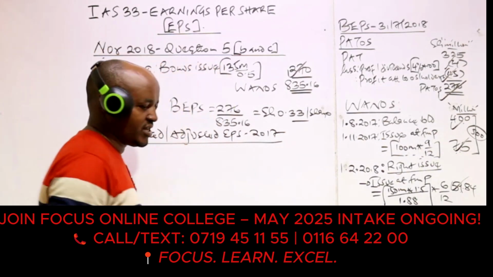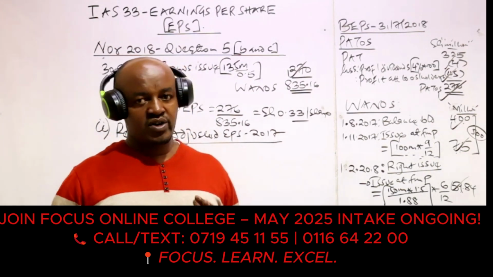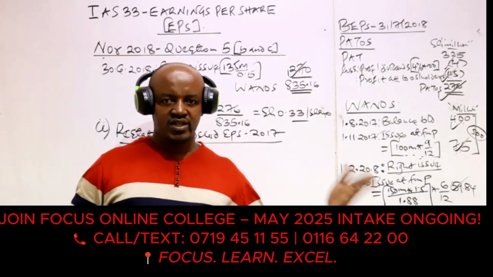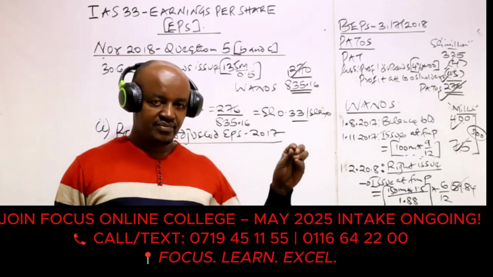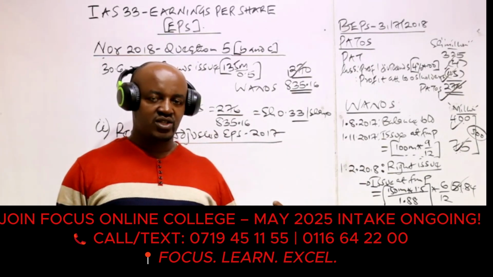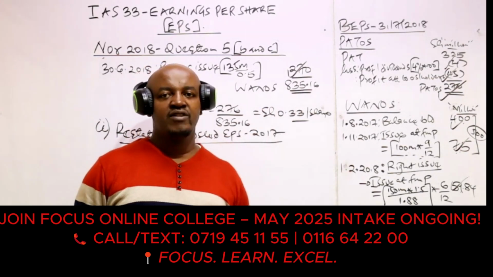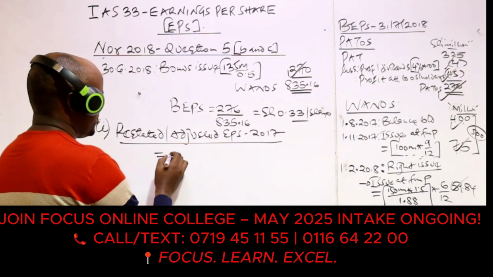Remember here we have 2 years, 2017 and 2018. And actually we have said whenever you're given information about 2 years, and it happens that in 2018, the most recent financial year, the company issued some shares free of charge or bonus shares, you have to use them to restate the earnings per share for 2017.